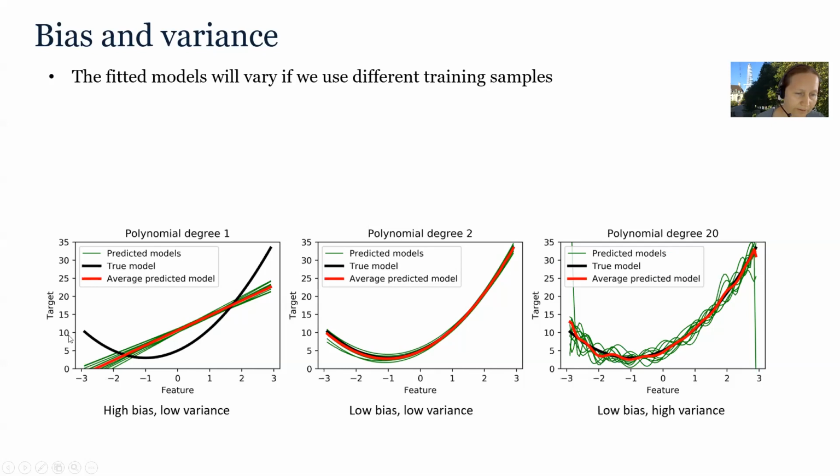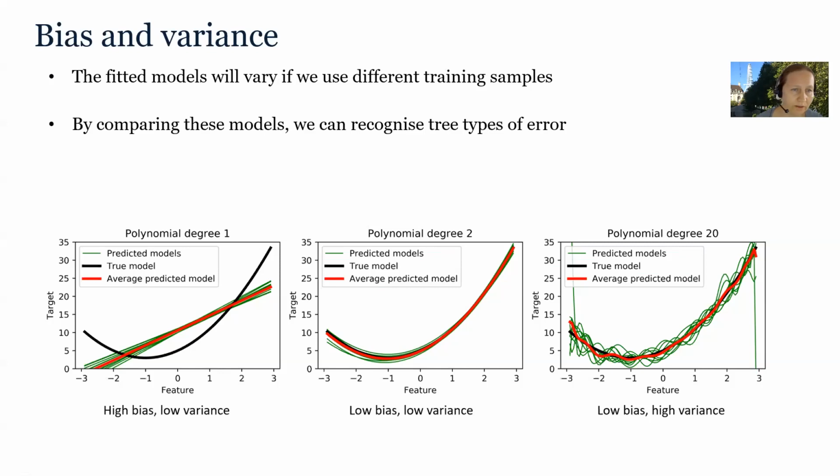The black thick line shows the true underlying model, and the thin green lines show different models fitted to different samples, but these are all linear models, so the same type of model, polynomial degree 1. And the red thick line shows the average of these different models.